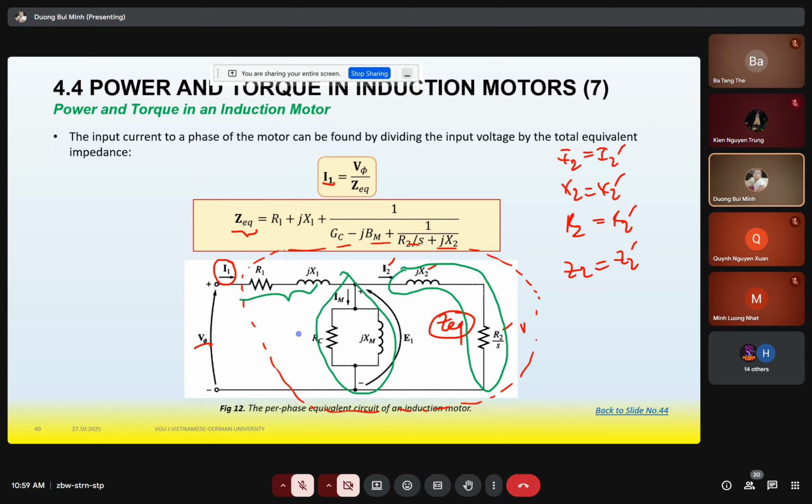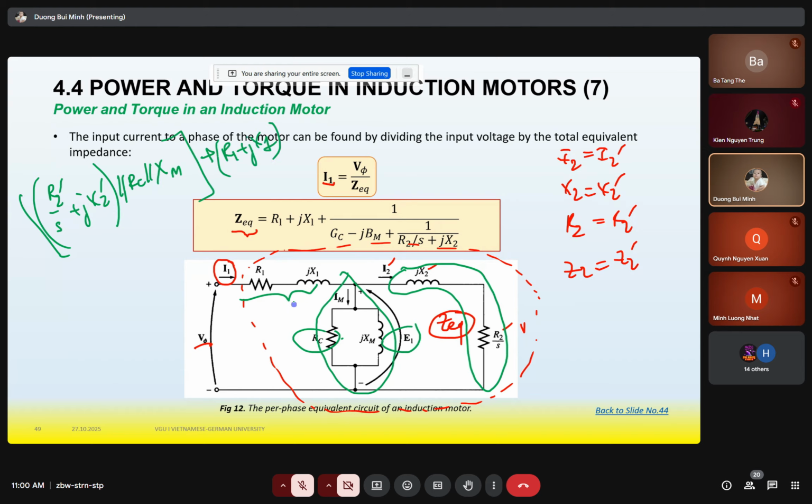That means we have R2'/S plus jX2' in parallel with RC and in parallel with XM, and totally in series with R1 plus jX1.